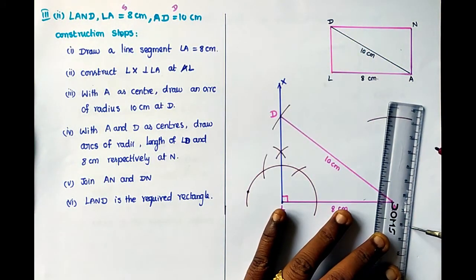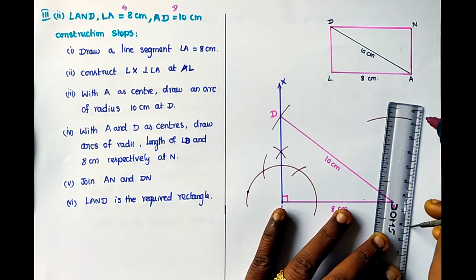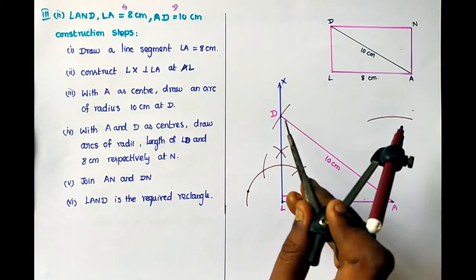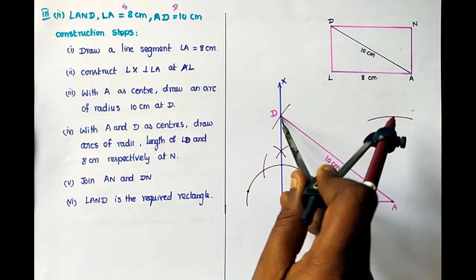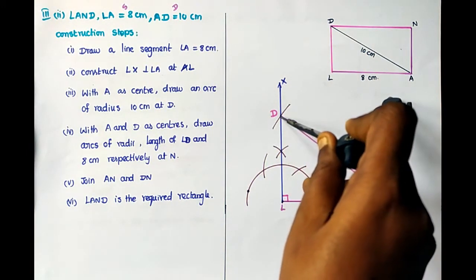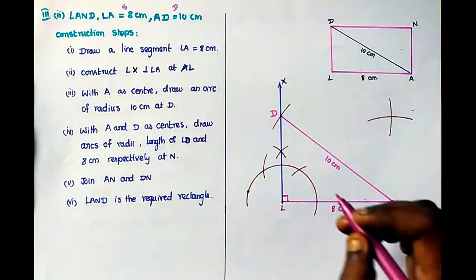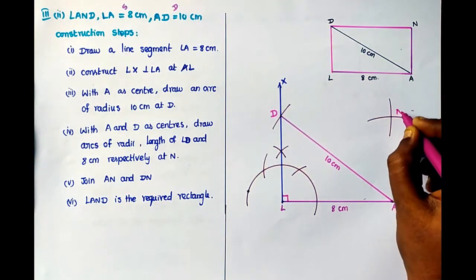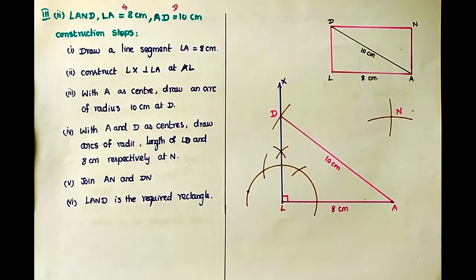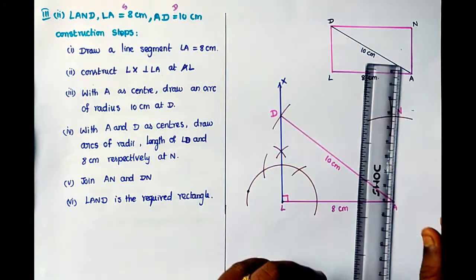Measure 8 centimeter and with D as center, draw the arc to cut the previous arc at N. Now join AN and DN.